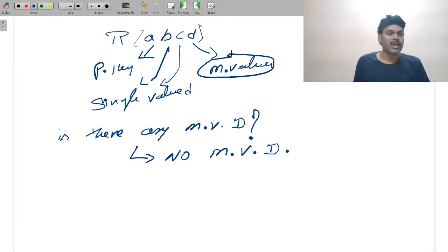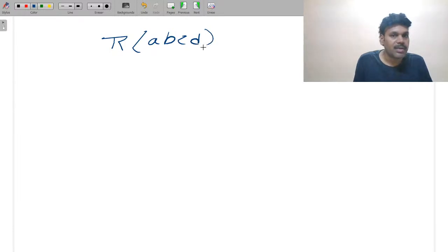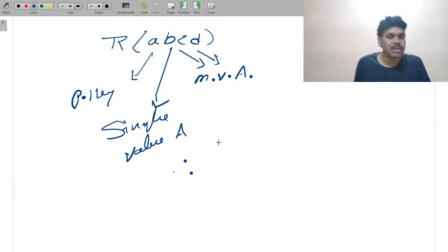If you want to say that a multi-value dependency exists in your relation R, then the mandatory condition is like this. What is that? Now these two are multi-value attributes. Now I say this is your primary key, and this is your single value attribute. Now you can confirm 100%.